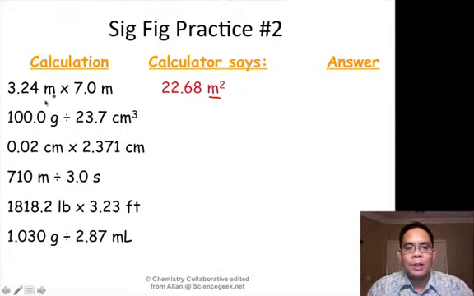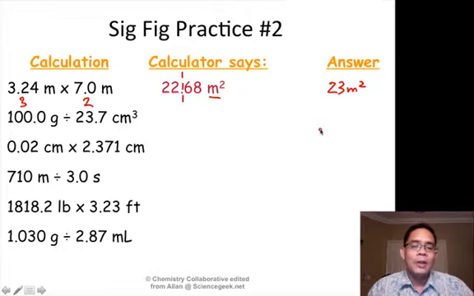Of course, meter times a meter is a meter squared. 22.68 is what you get on the calculator. This has 3 sig figs. This one has 2 sig figs. Because of that, I have to round to 2 sig figs, which means my answer will be 23 meters squared. And of course, all of this is going to be animated in a second. So pause and do the rest of the 5 on your own.